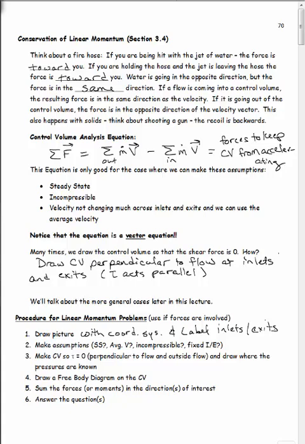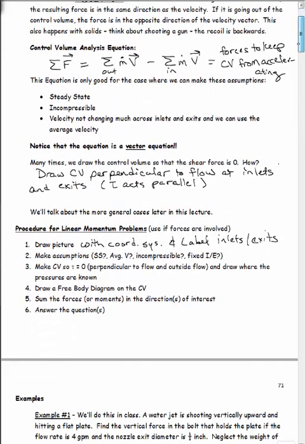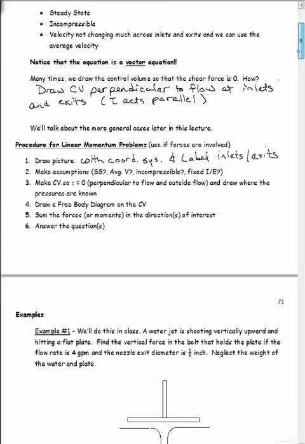A lot of times you have a picture already and you can just draw your coordinate system and label the inlets and exits. Then you want to make your assumptions. So some of these things up above here, steady state, incompressible, average velocity, fixed inlets and exits, those are your typical assumptions. Draw your control volume on there, and again, go perpendicular to the flow and also outside the flow. And you want to draw it where pressures are known, because that's going to make your life easy as well.